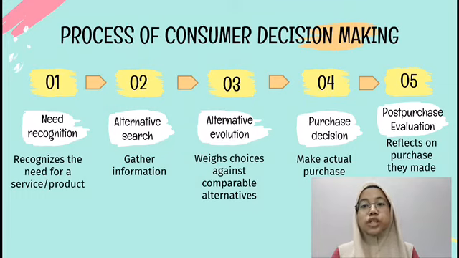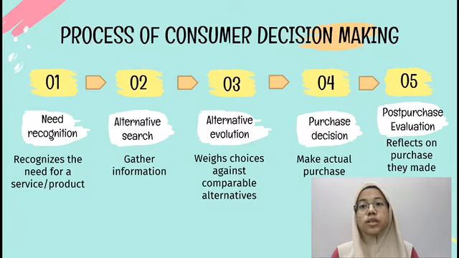Need recognition is where the customer will recognize needs and wants internally and externally. Once the customer recognizes a want, they need to gather information to understand how they can fulfill that want, which leads to step 2.